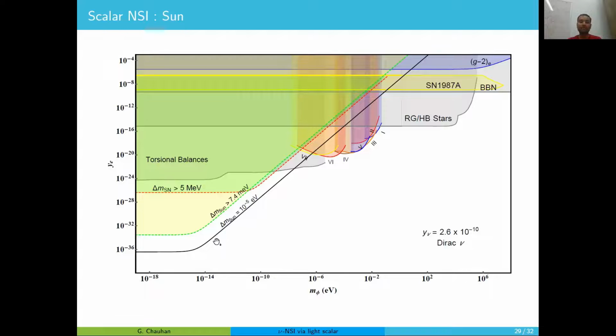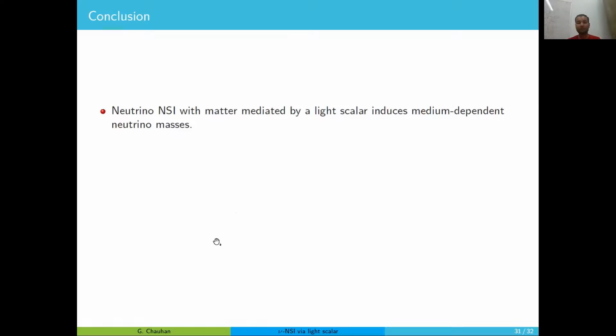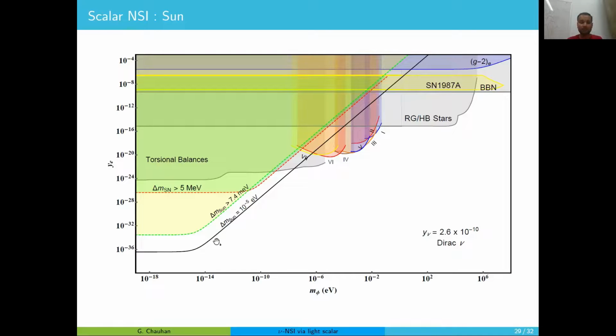But what happens is, since the finite size of the medium provides a cutoff, this particular effect has a scale where it becomes constant and independent of the mass of m phi. And this happens exactly at the inverse size of the medium.